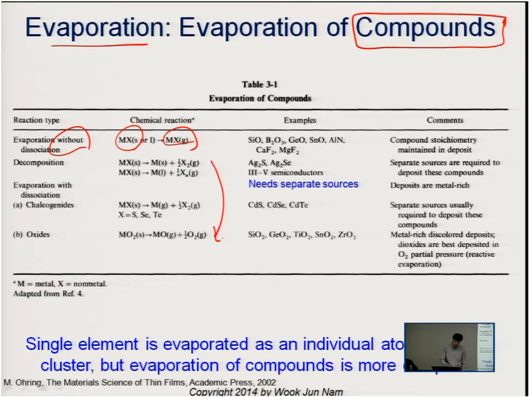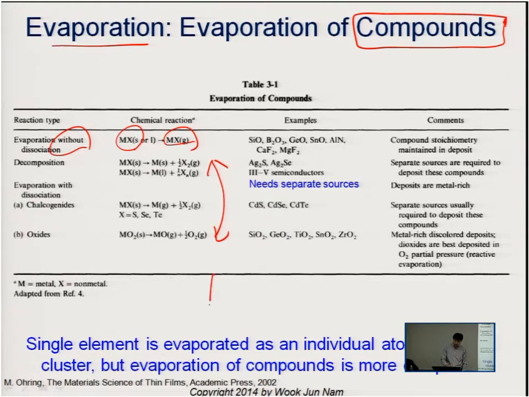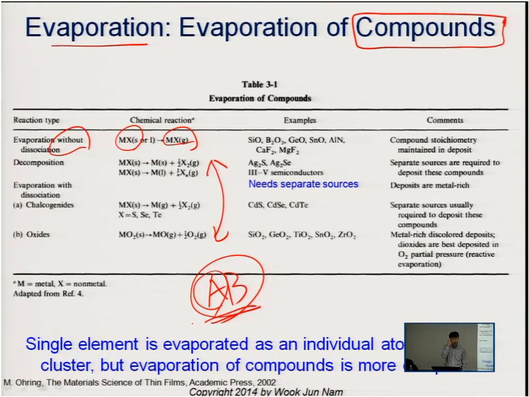But in most cases, if you have two elements in the compound, one of the elements always has a lower melting point. Because of that, when you heat up these compound materials, the vapor pressure of one element is dominant over the other, because one element's melting point is much lower, and as it melts it dissociates.